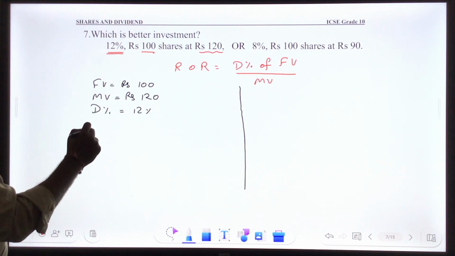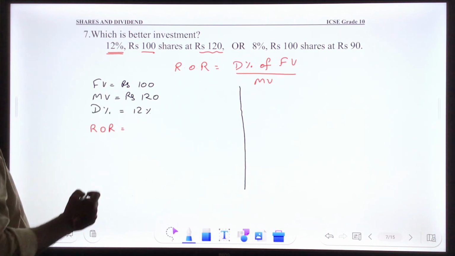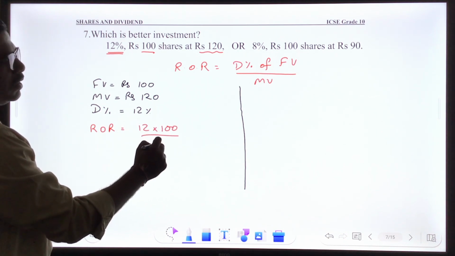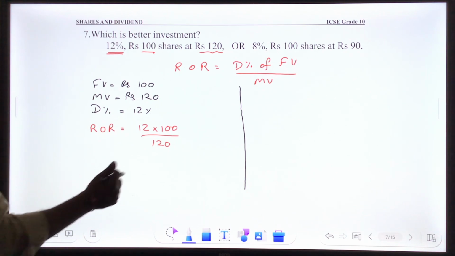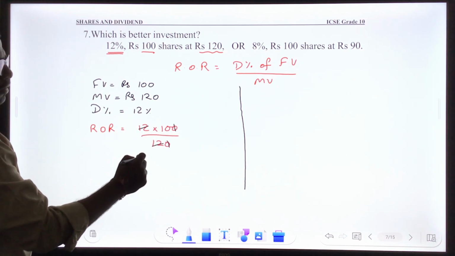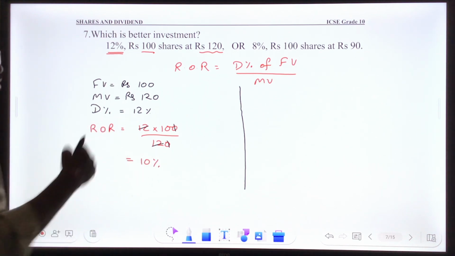So rate of return for company A will be 12 into 100 upon 120. On simplifying this, we get rate of return as 10% in company A.